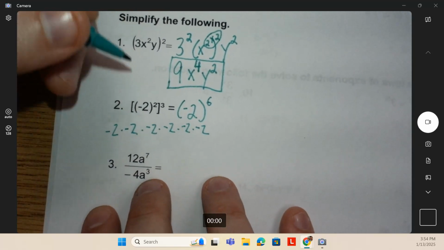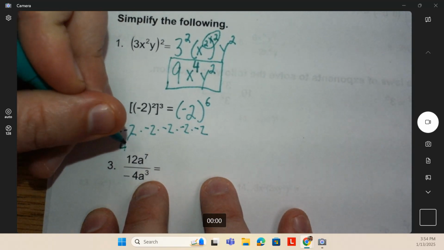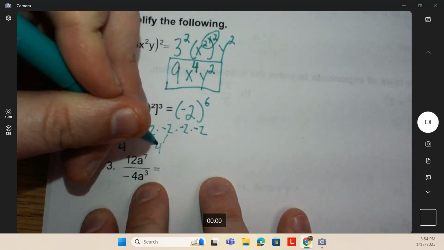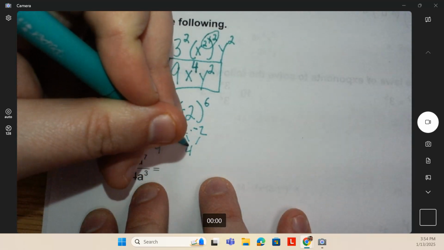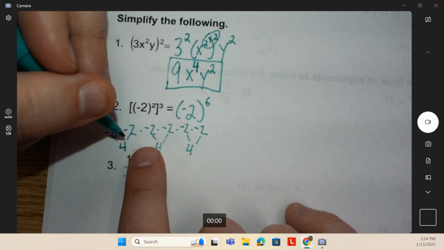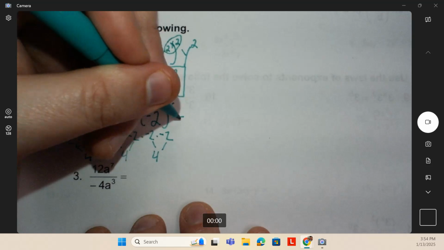And when I do that, every time I do negative 2 times itself, I'll get a positive number. So negative 2 and a negative 2 gives me a 4. And I can keep that going. I end up with 3 4s. I multiply those together, it's 16. 16 times 4 gives me a 64.